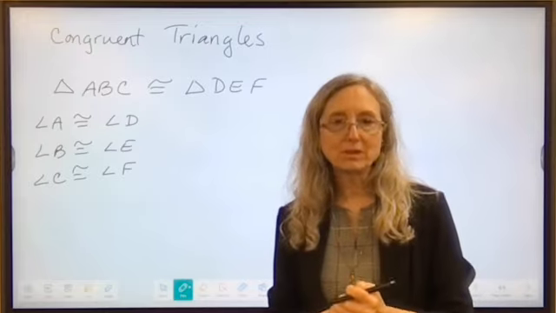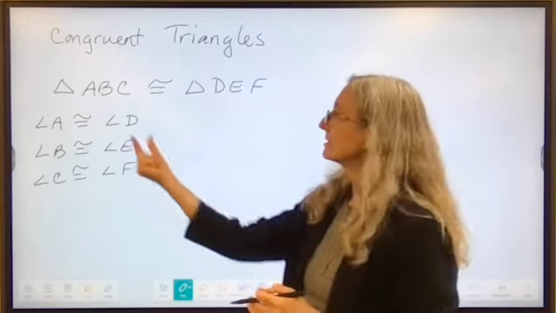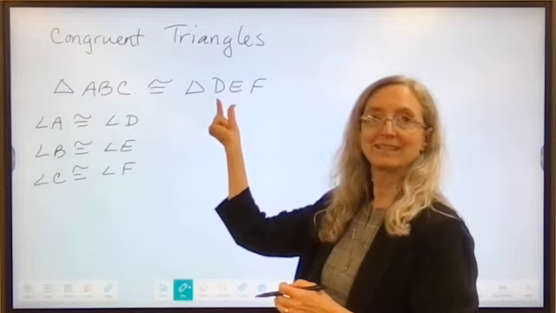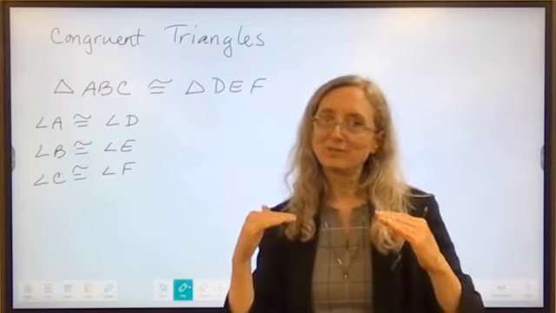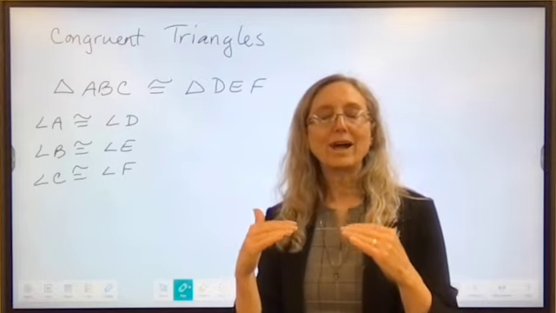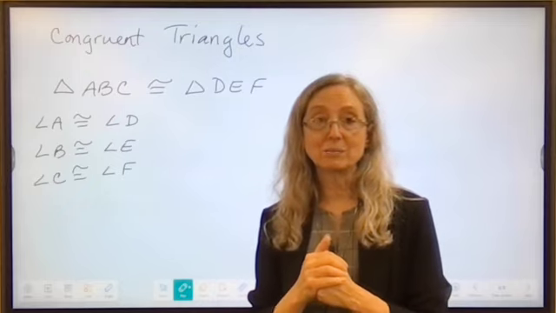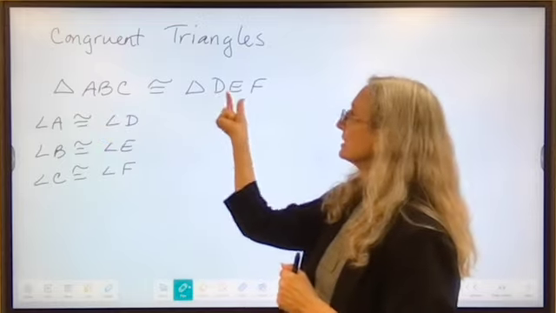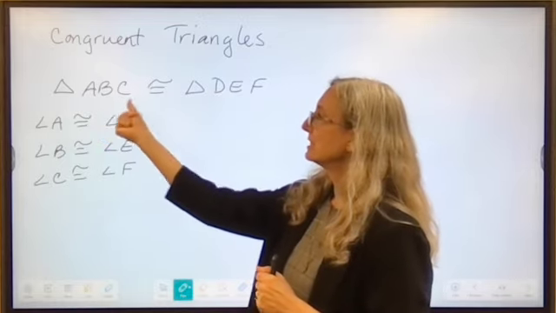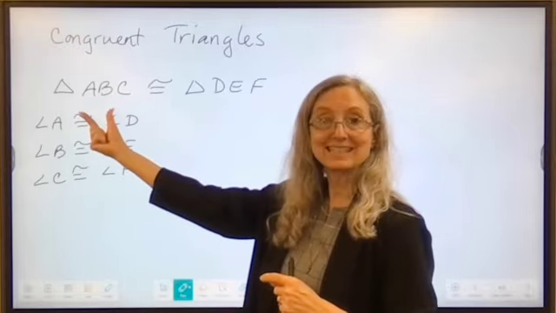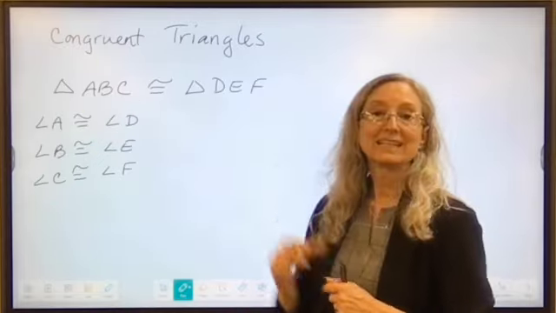I can do the same thing with the sides. Side AB corresponds to side DE. They have to be exactly the same length. They have to be congruent, so I can also make congruent statements about the three sides. AB is congruent to DE, BC is congruent to EF, and AC is congruent to DF.